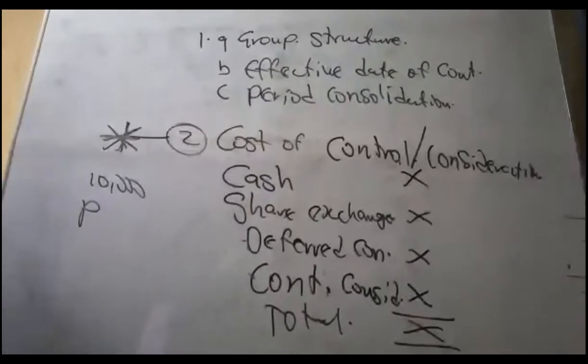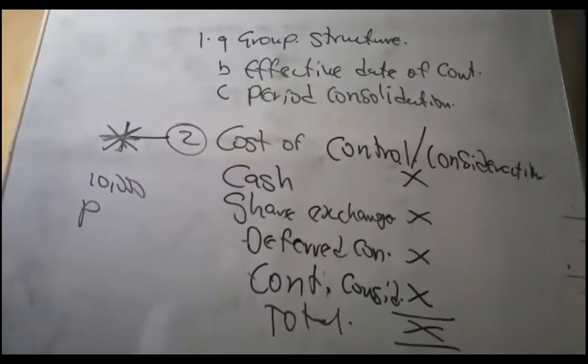So contingent consideration is a consideration that depends on a condition or performance obligation. If you can increase your profit by 20% consistently for 3 years, I will pay extra money to you. That is contingent consideration. I am done.